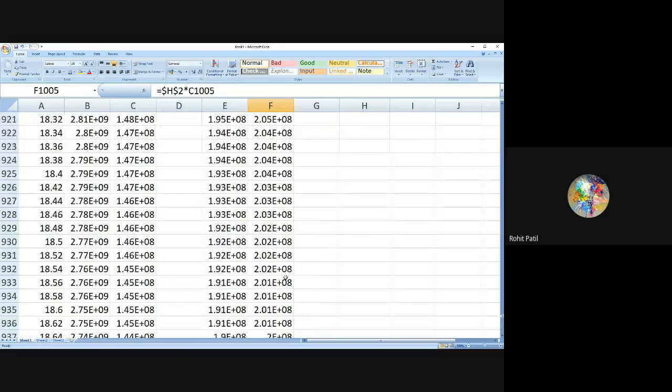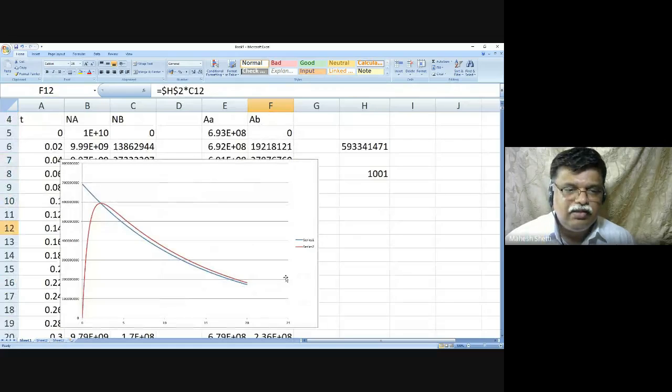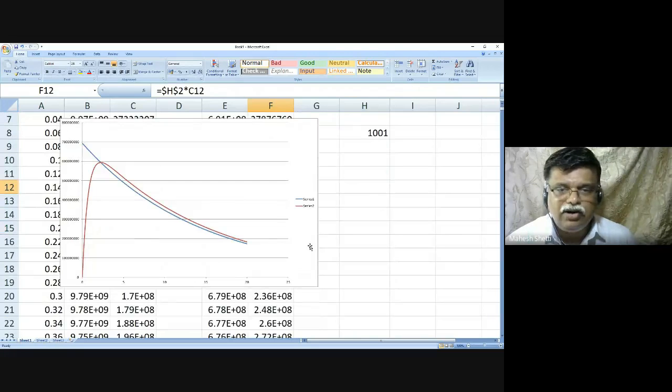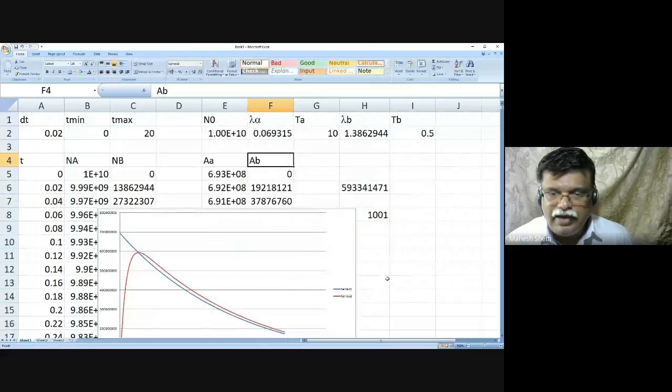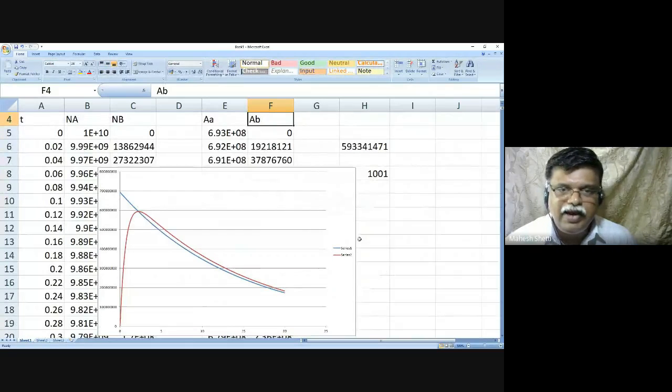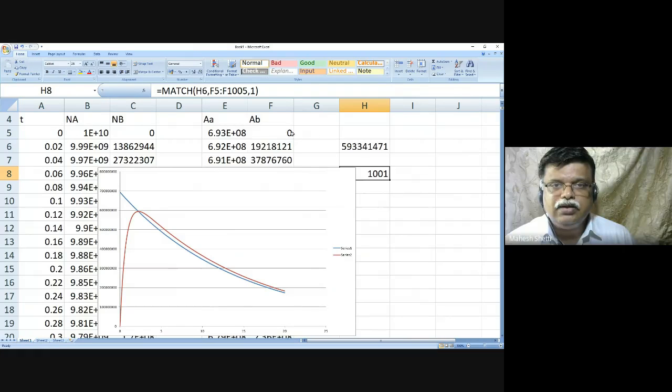No, this was the maximum that you got. Wait, what are we plotting? We are plotting activity of A and activity of B, right? Yeah, just a minute. H2C5, C5 plus H2C5 into.